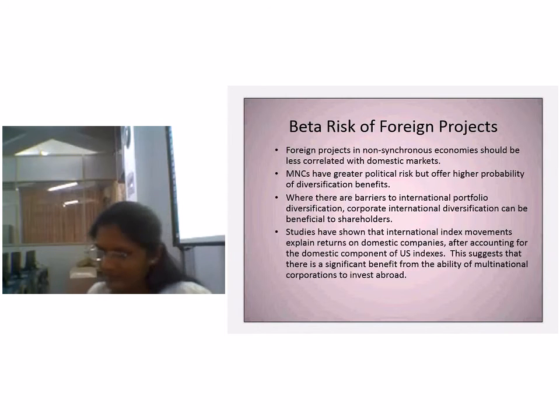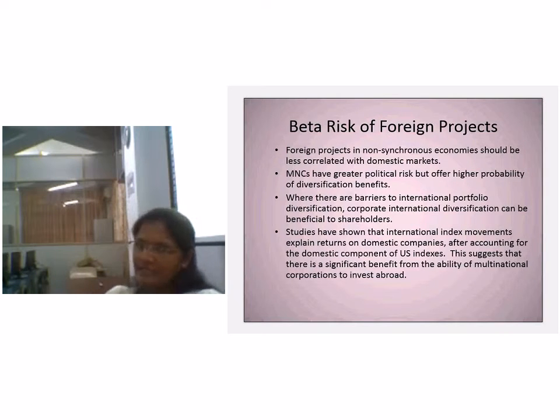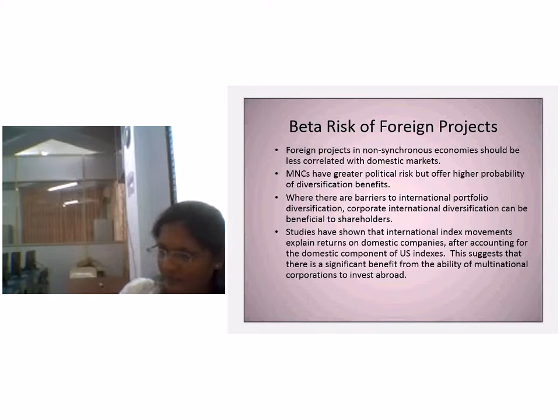Yeah, there are some barriers maybe to international diversification. When you are going to diversify your portfolio internationally, there may be some barriers, right? If you can diversify your portfolio internationally, it will be beneficial to the shareholders, right?